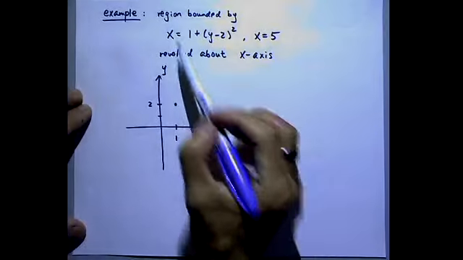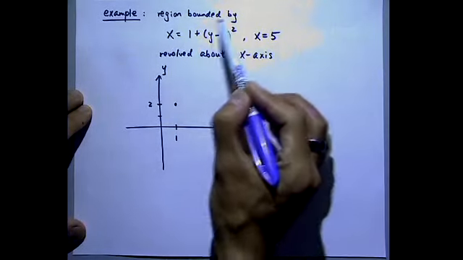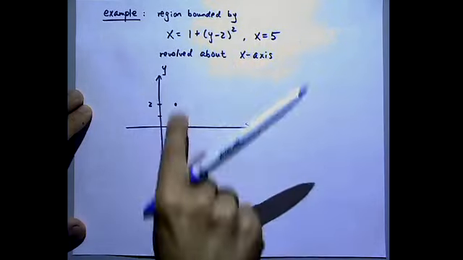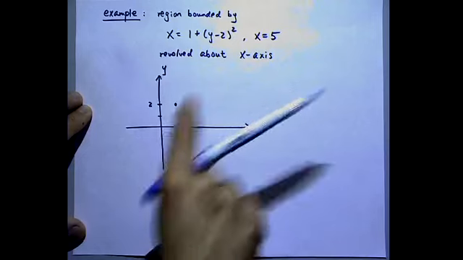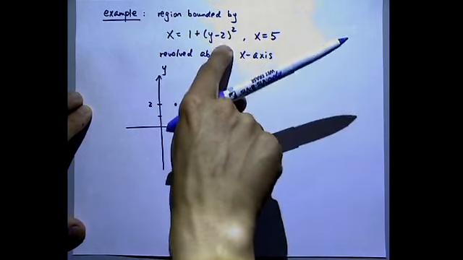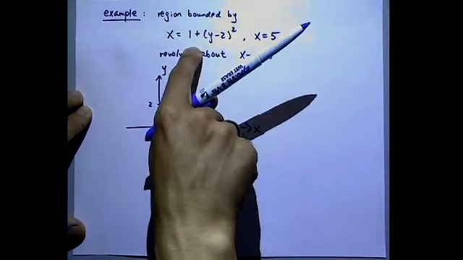The smallest x can ever be is 1, because this thing is always positive because it's squared. So the smallest x can ever be is 1. This thing is always going to be no smaller than 0. At the minimum, this is a 0. So for any other value of y, x will be bigger than 1.